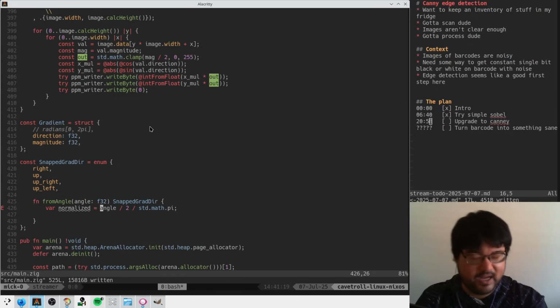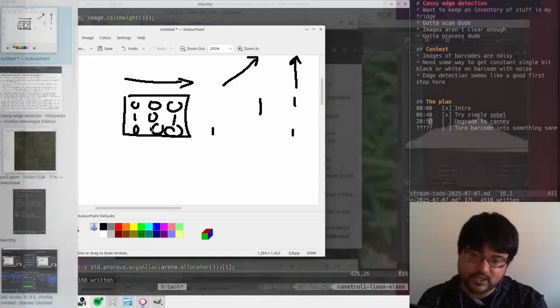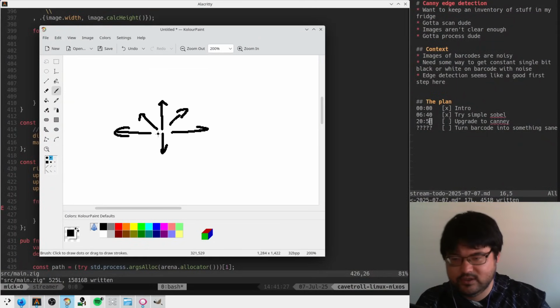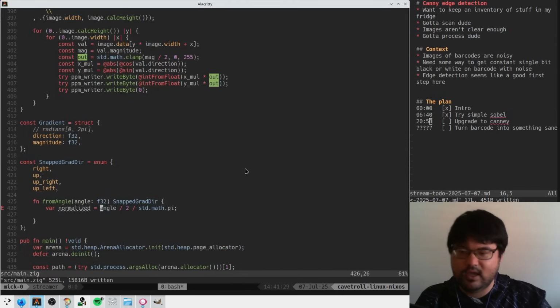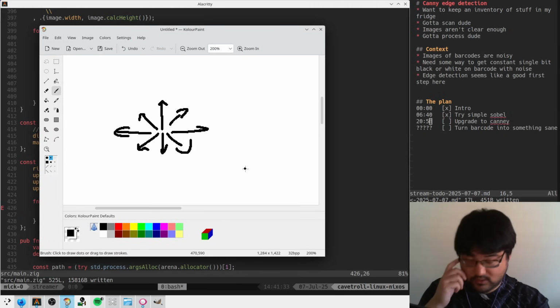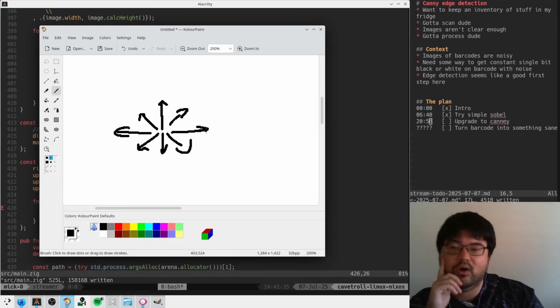Then we multiply this by 8 because there's 8 possible directions, right? 1, 2, 3, 4, 5, 6, 7, 8. Yeah, so we just snap to, I guess one of these is duplicated though, right? Because this is both 0 and 1.